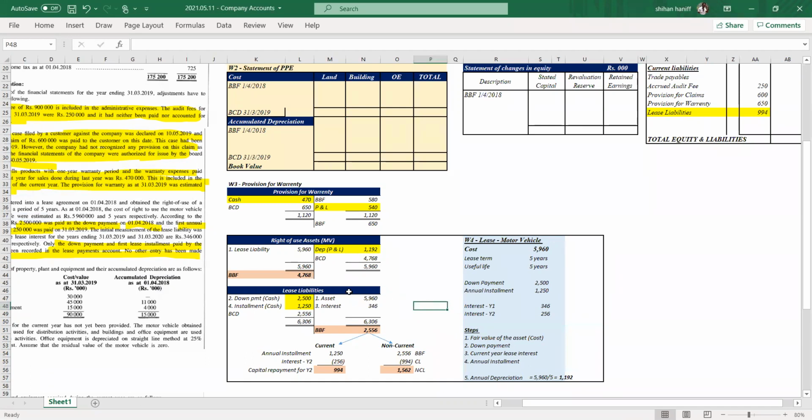Right. Any questions? Is it clear? Nigesha, Shima? Shant, are you okay?